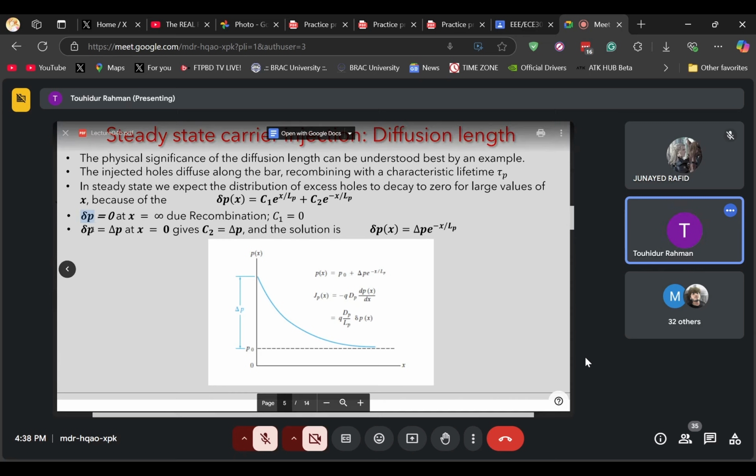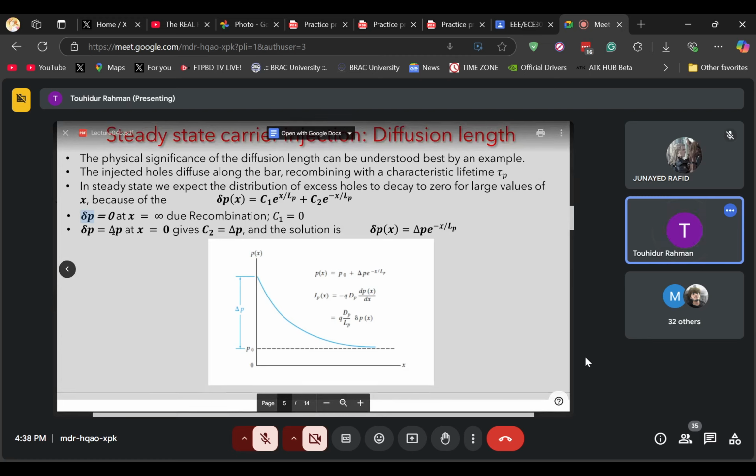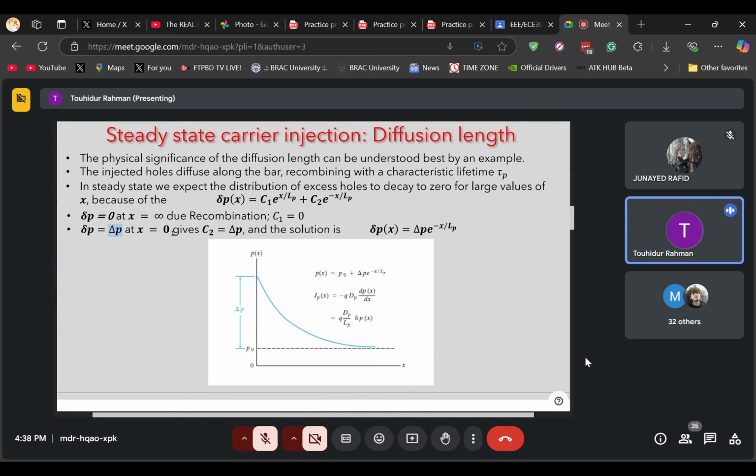And as you know, if we apply an external energy at x equal to 0, at t equal to 0, there will be a high magnitude of excess carrier, and we define that as delta P. Delta P is the value of del P at x equal to 0.